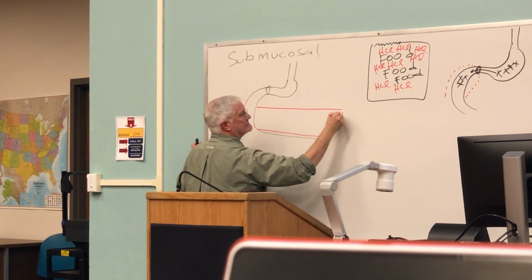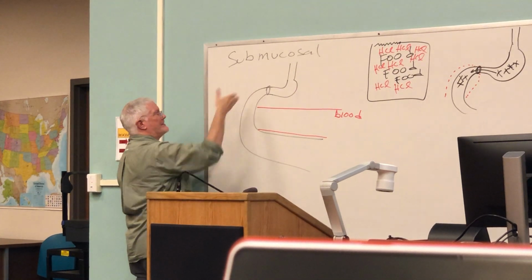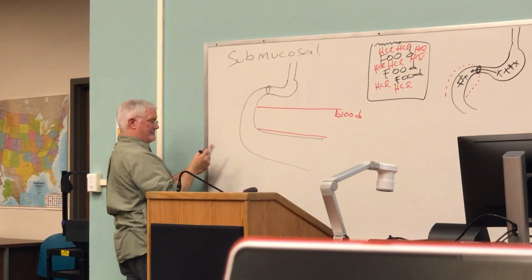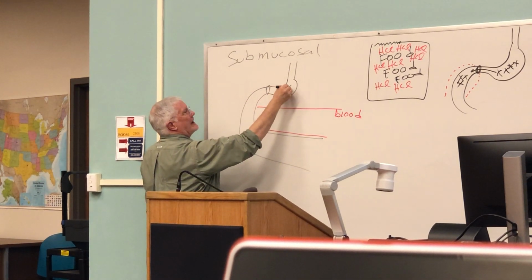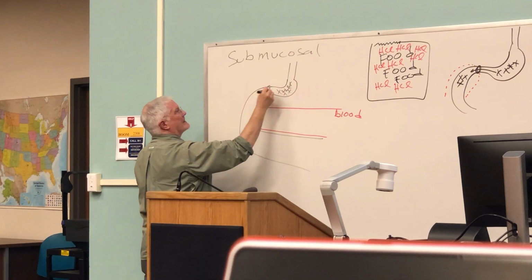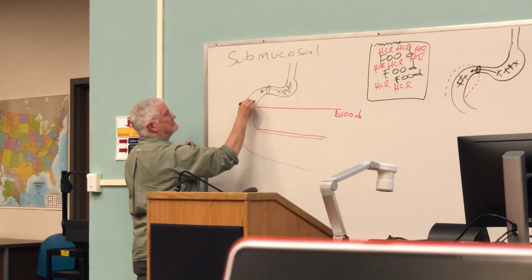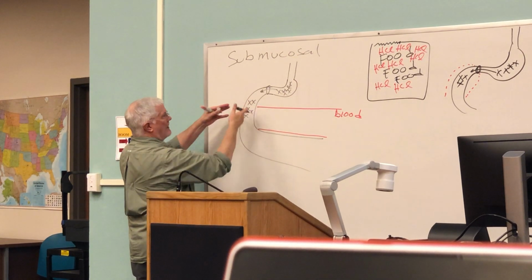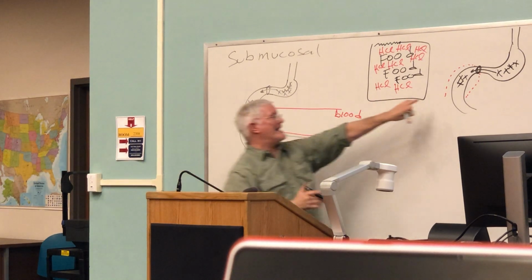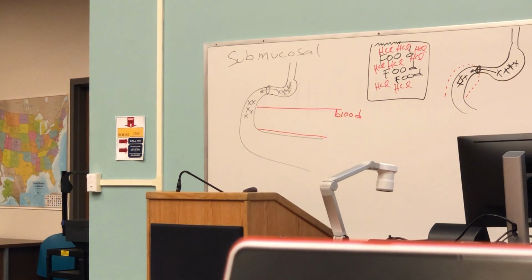This will be blood. We're going to pretend that there's simple columnar cells here. I've got food, what we call chyme, in my stomach. Some of that will go into the duodenum. And by sheer volume of stuff, that creates a certain amount of stretch.